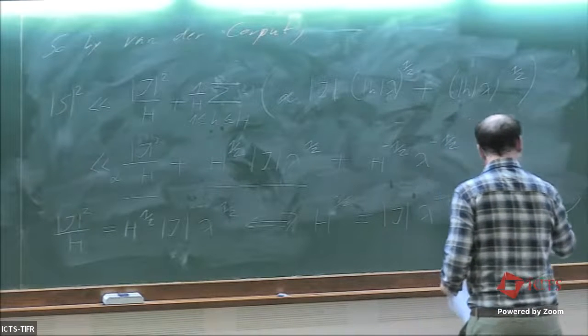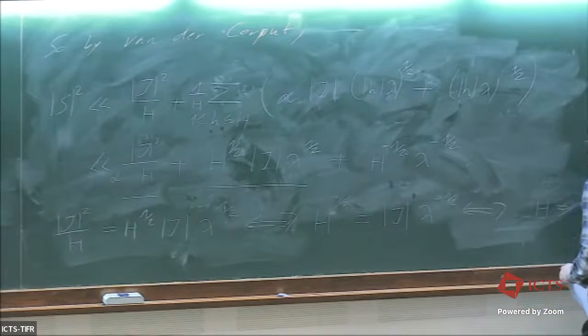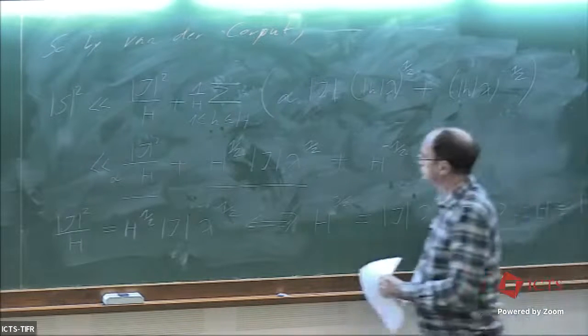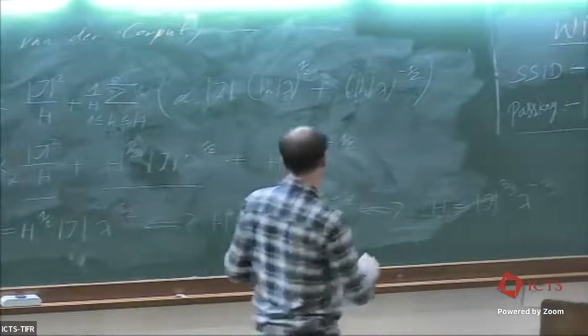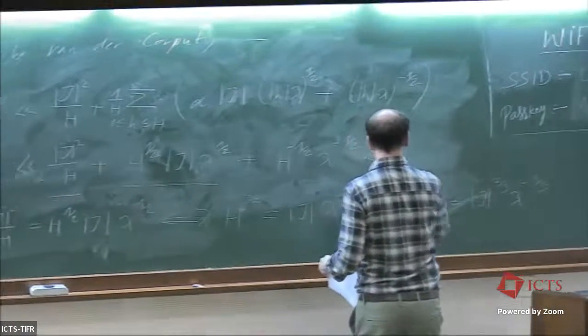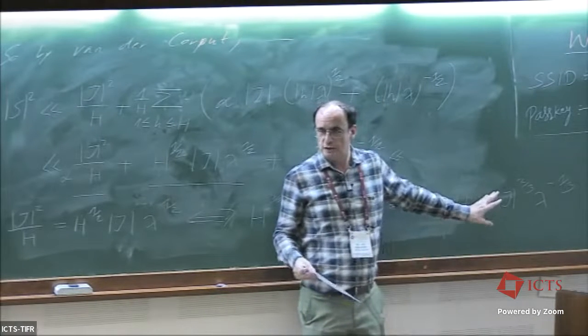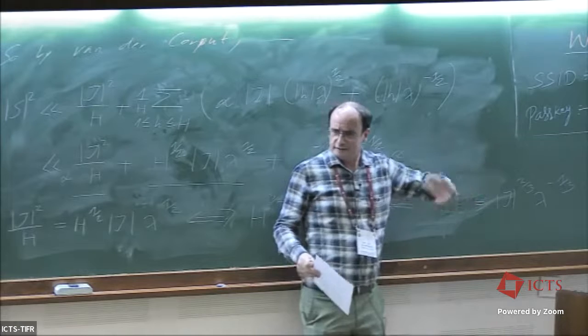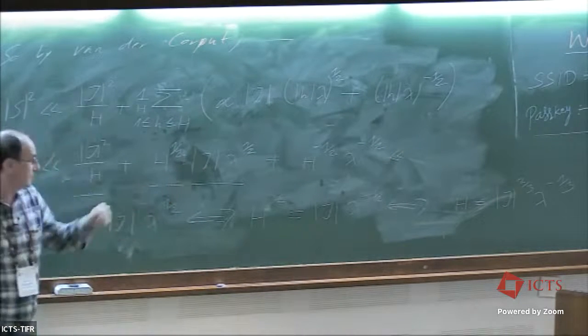So we get H is I to the 2/3 lambda to the minus 1/3. And then we plug in. We should take again a box function of that, but let's not go into these subtleties.